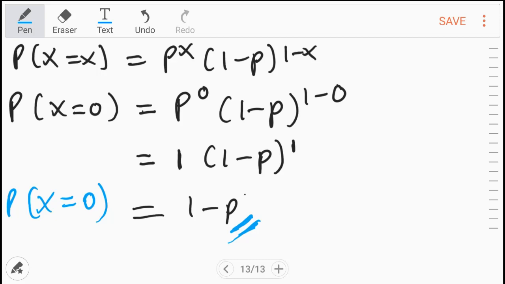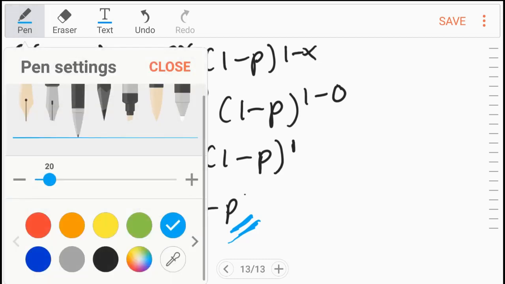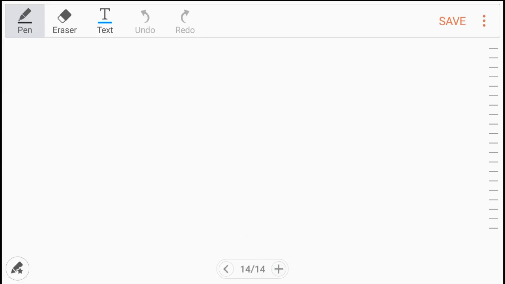All right, so now let's calculate the probability of x is equal to 1. We do the same thing, but this time around we substitute 1 in every place we see x.